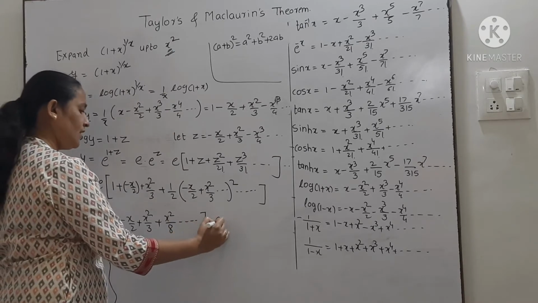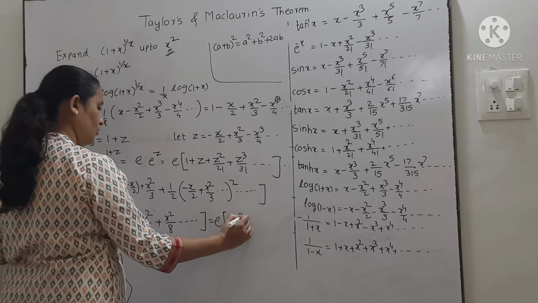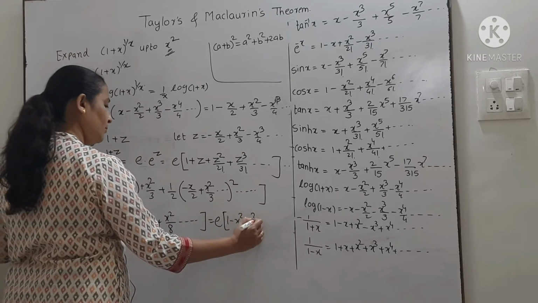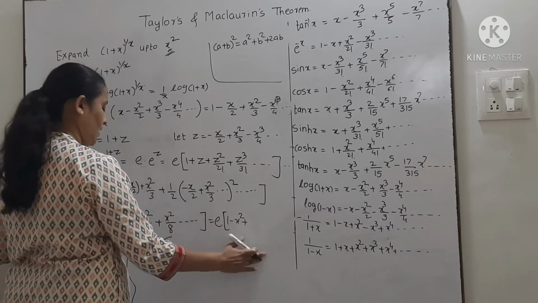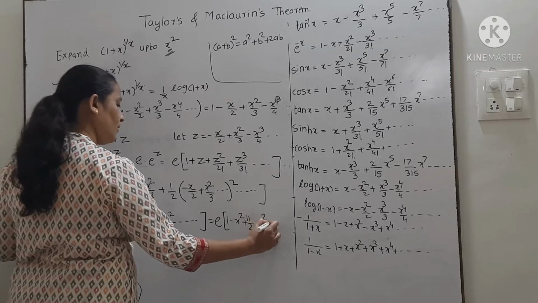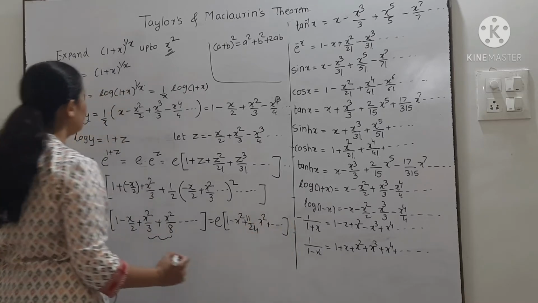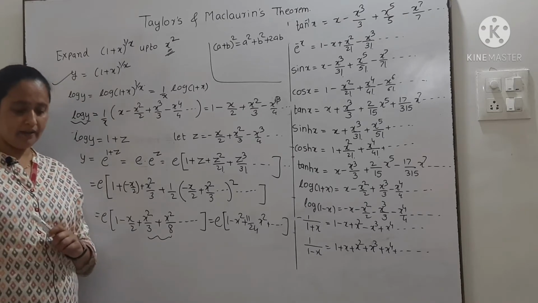So what is your answer? e in bracket 1 minus x by 2 plus x square upon 3. If I take the LCM, it is 11 by 24 into x square and so on. This is the expansion of 1 plus x raised to 1 by x.